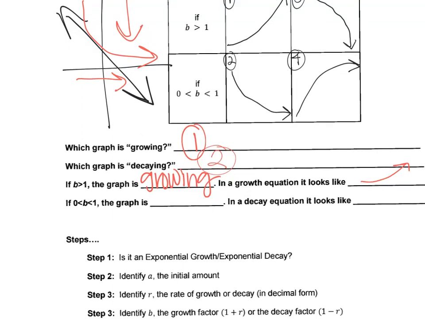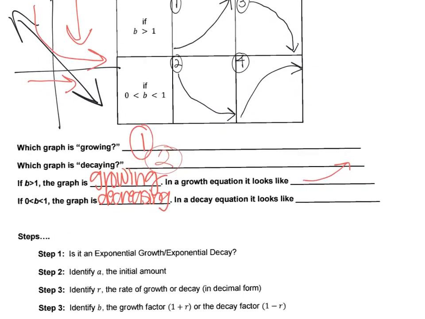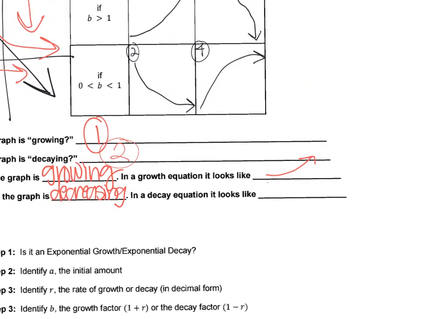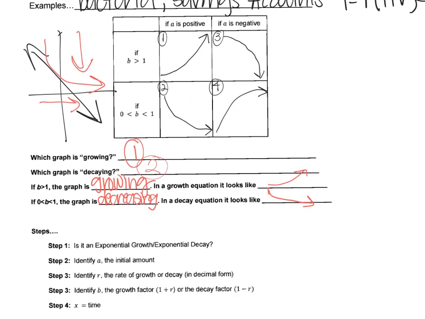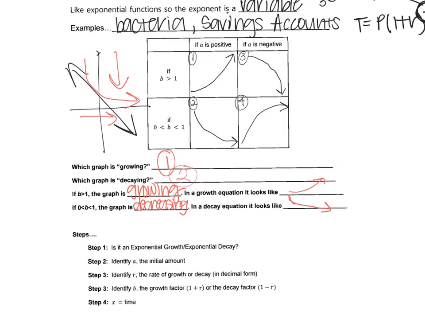If B is between 0 and 1, then it's decreasing, which makes sense, right? Even with linear, if I multiply by something greater than 1, it's going to get bigger. Less than 1, it's going to get smaller. And it's going to look like this. It's going down.